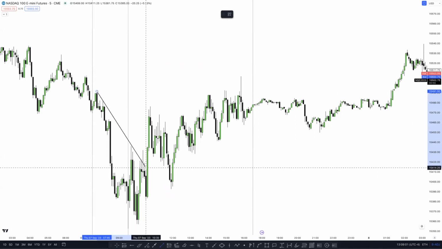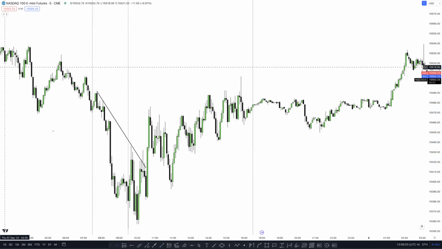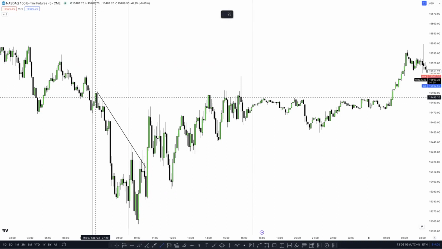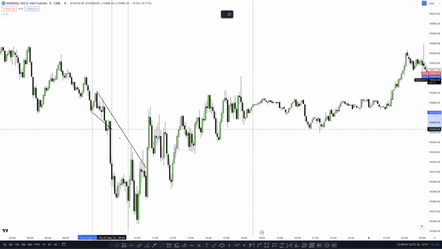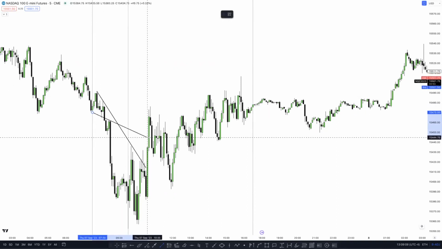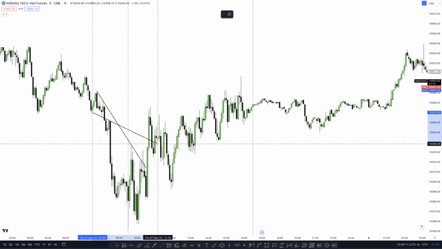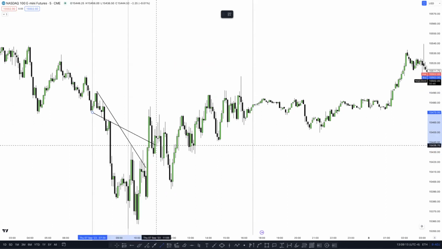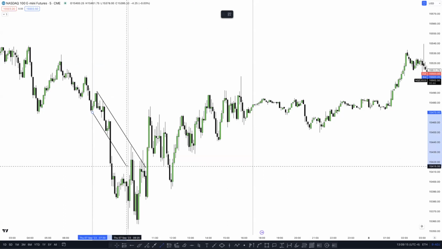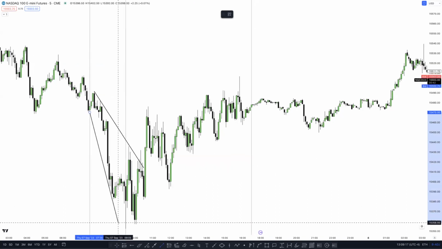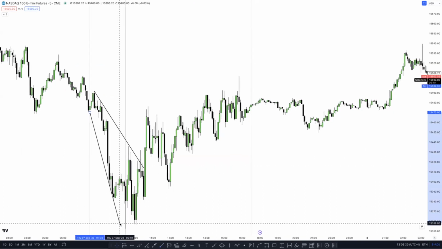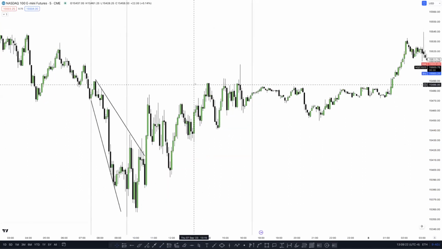From here you would do this, to be honest, you would do this. That's fine. What about this? Sure, that's also fine. What about this? Does it make sense? Yes, it does, because it technically maps out a trend to the downside.